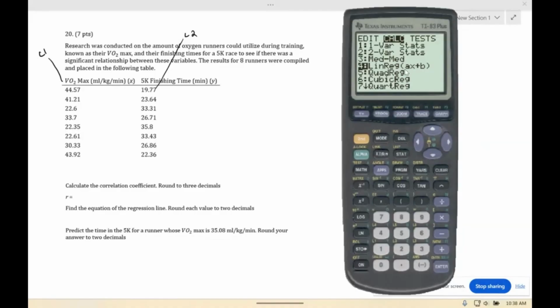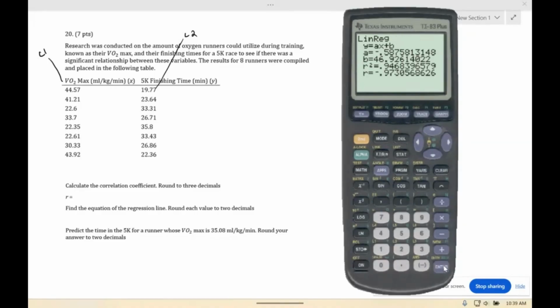So here we're just substituting a for m, or m for a. I'm going to hit enter. I must tell the calculator what is x and what is y. So list 1 is x, comma, list 2 is y.